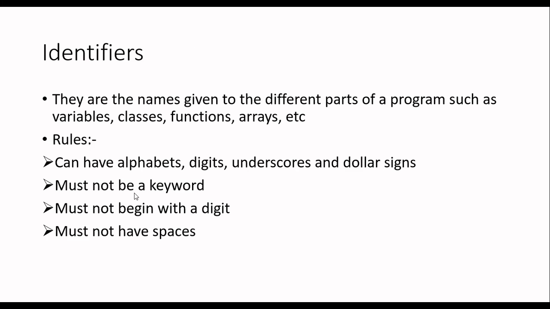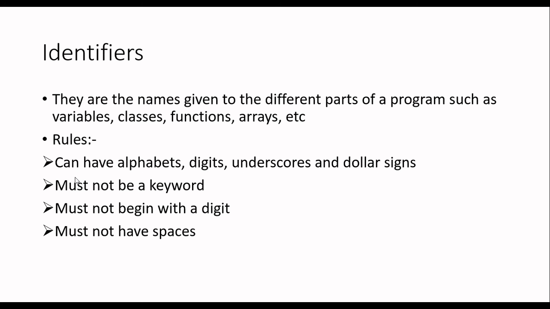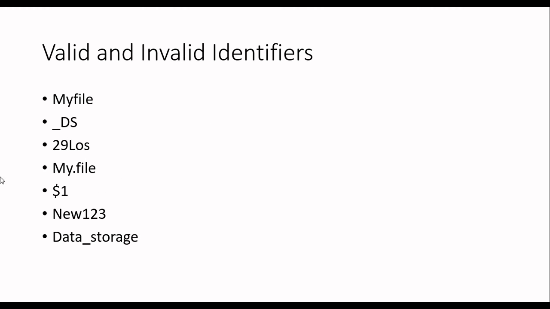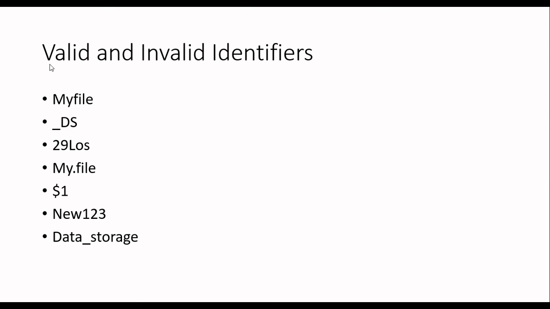My.file. My.file has letters, which is correct, but it cannot have dots. It can only have underscores and dollar signs. Thus, it's not a valid identifier. Now, dollar sign and a one. We can have numbers and it's not starting with a number, and we can have dollar signs. So, thus, this is a valid identifier. Now we have new 1, 2, 3.